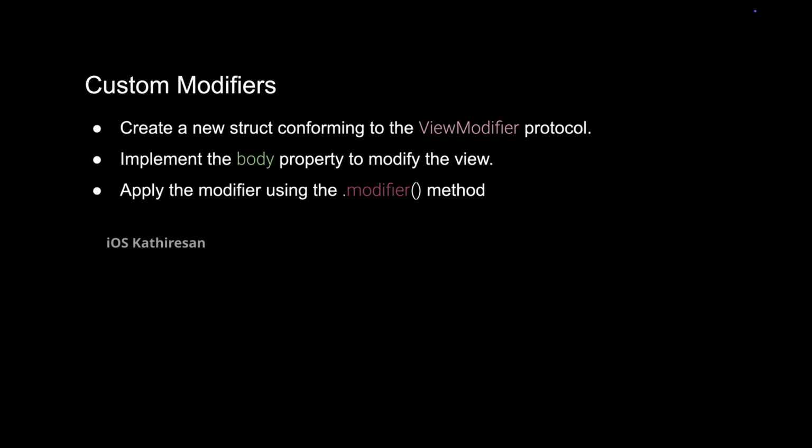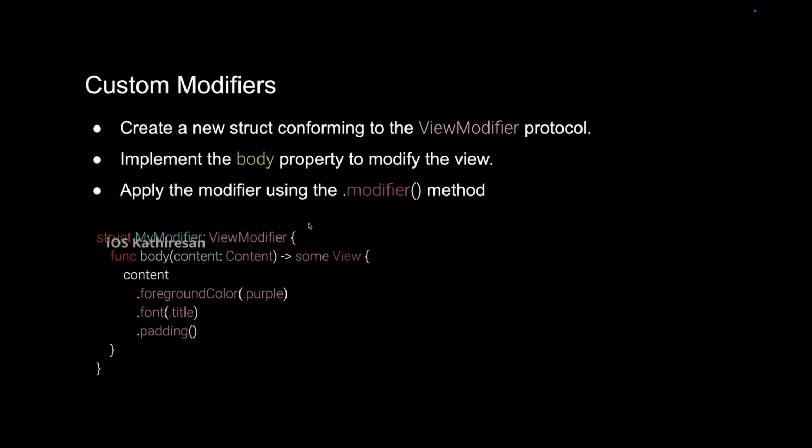We have to implement the code to modify the parent view. As I already explained, the dot modifier method is used to apply our custom modifiers to the particular view.